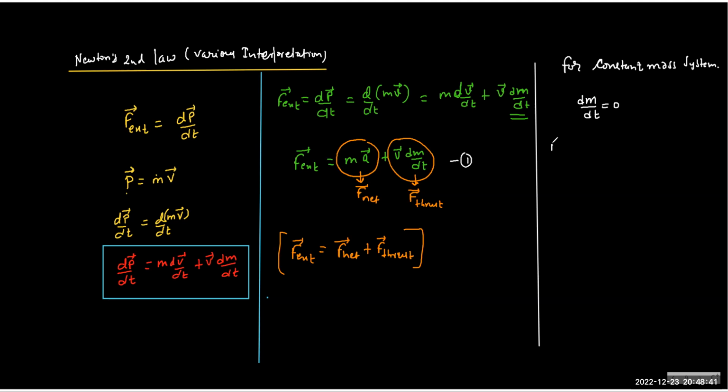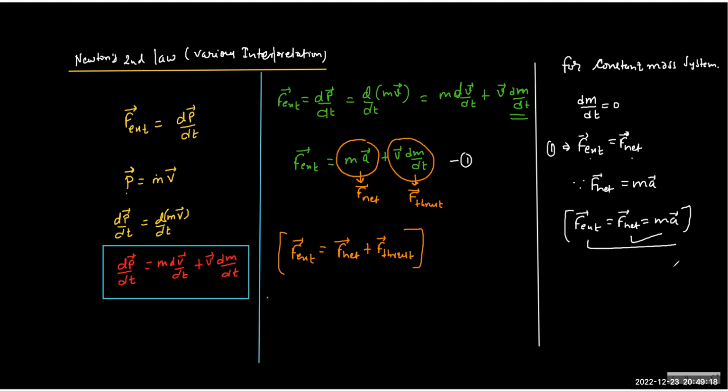So this equation implies that F external is F net, and since net force we write as mass into acceleration, for a constant mass system, F external is also the net force. So all are the same. F external is the same as F net, and that equals ma. So whether you write this equation or this equation doesn't matter because of this condition.